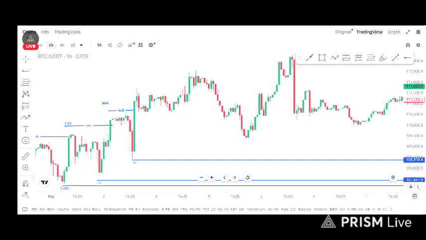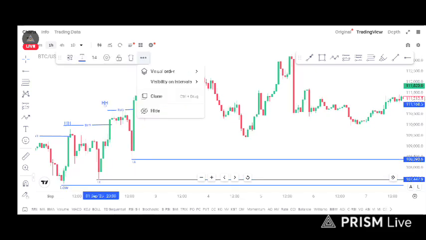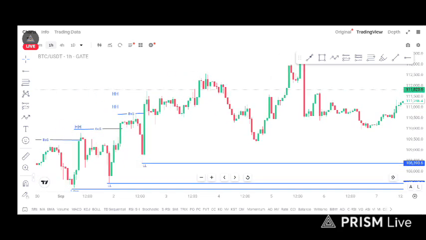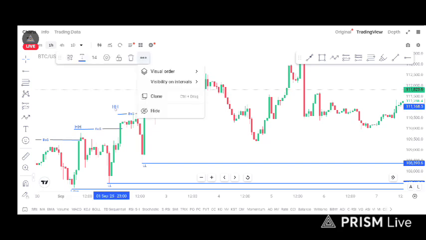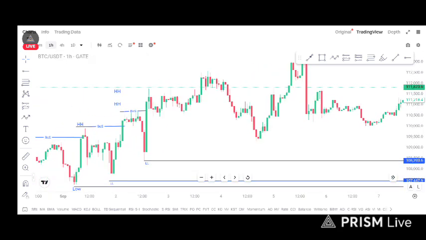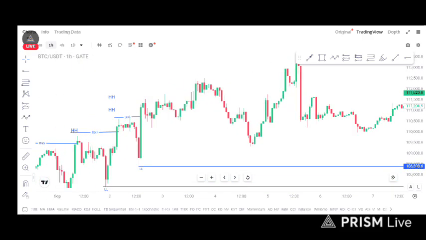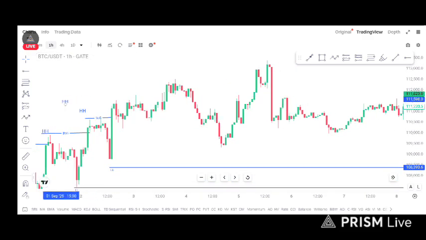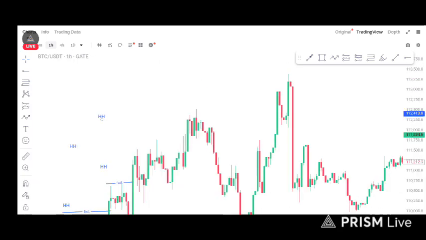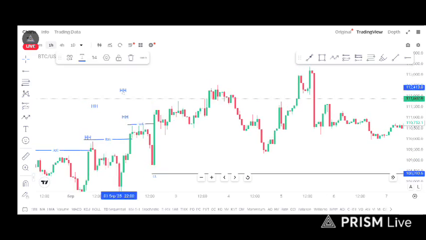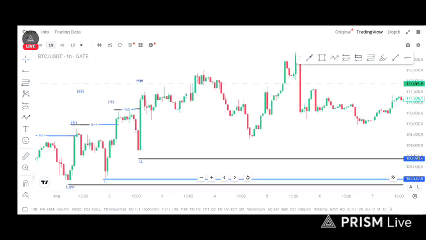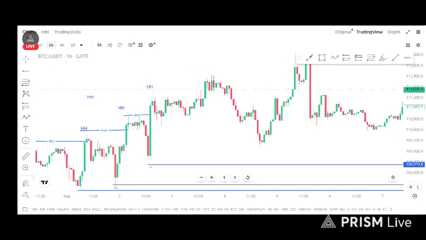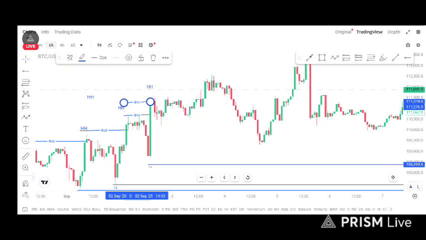So after this break of structure, we had our new high here. We now have a new higher high. Okay, we have a new higher high there.